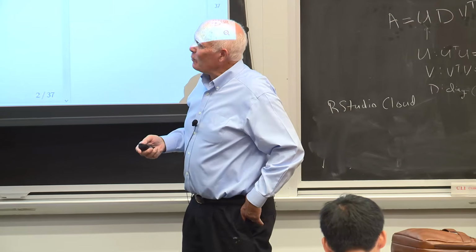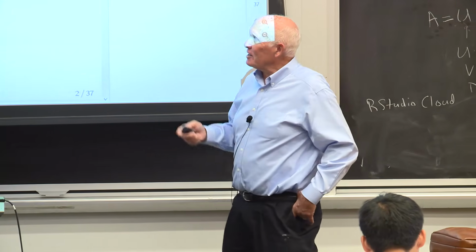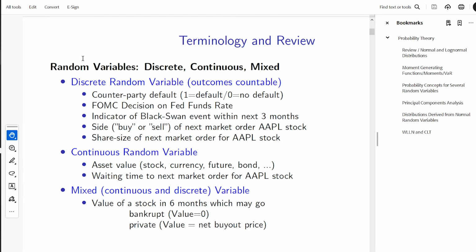But importantly, we do want to distinguish between discrete outcomes that have probabilities with respective outcomes versus continuous random variables, where we're thinking of values that could take on any value in some interval or range.